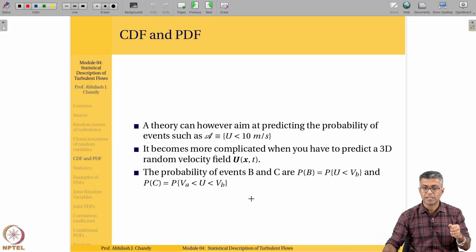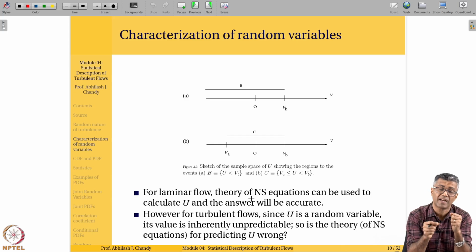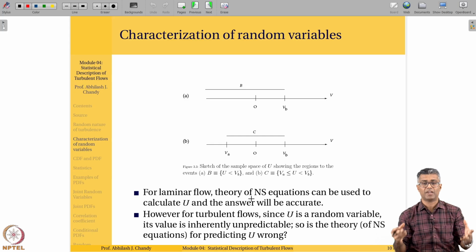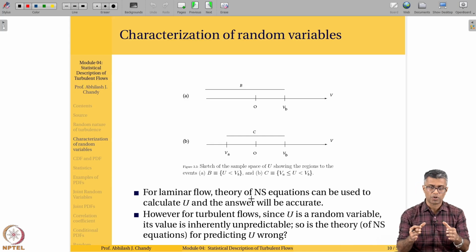So now we should start to see whether we can predict the probability of the event rather than predict the value exactly, because it behaves in a very random manner. So why don't we start to predict the probability of a certain event happening? That is what we are going to be focusing on next. We will start to do a characterization of random variables.